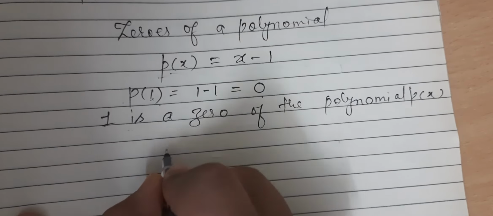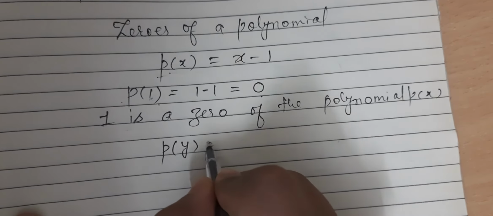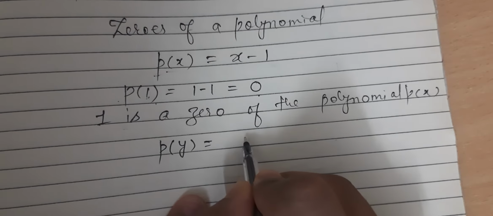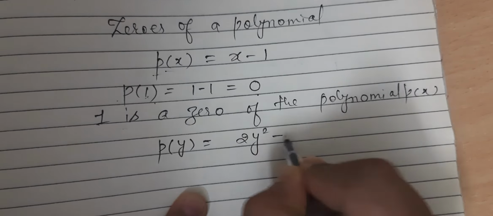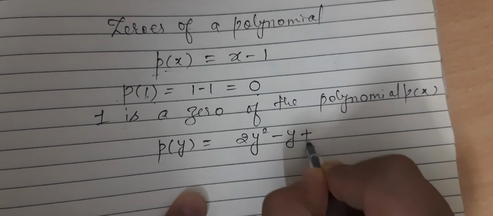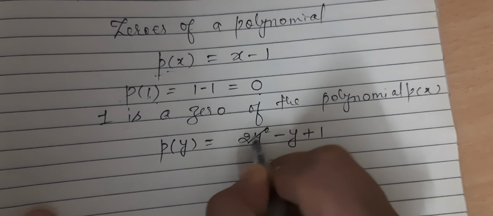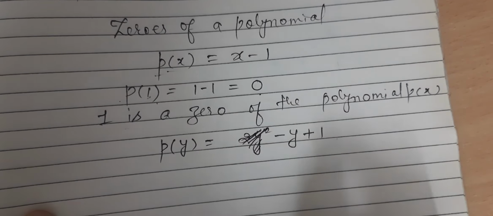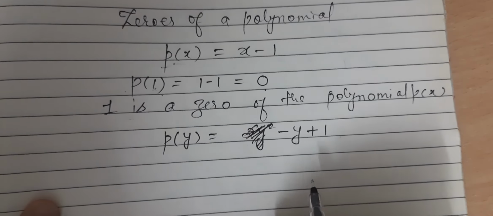Okay, let us take one more example. Polynomial, here I am taking in terms of y. So 2y square minus y plus 1, or you just take minus y plus 1. Okay, now we'll take simple numbers only. Okay, later we'll discuss this quadratic polynomial also.